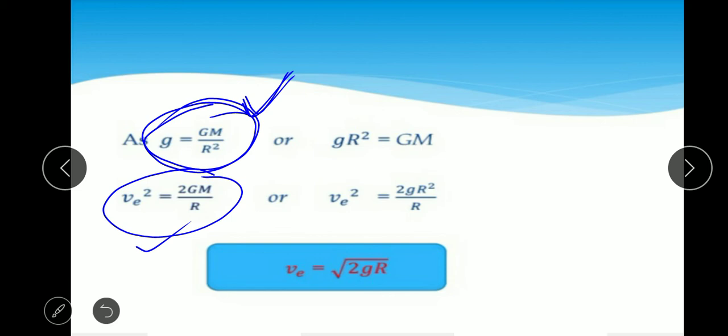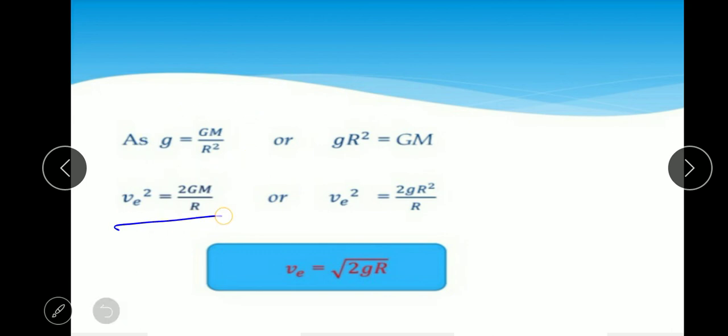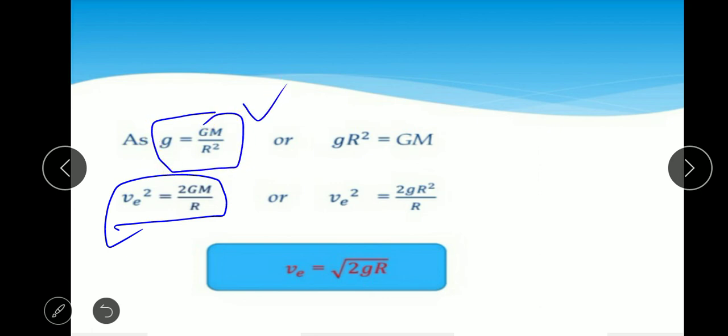We have already studied the derivation of g, acceleration due to gravity, in the second video, gravitation part 2. Now in part 3 we are using this g, acceleration due to gravity.